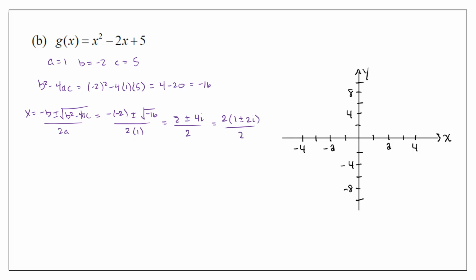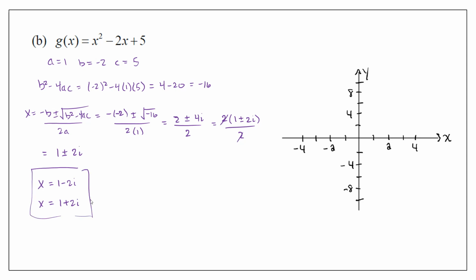And then I will cancel out the 2's, which leaves me with 1 plus or minus 2i. Okay. All right. So I have x equals 1 minus 2i and x equals 1 plus 2i. Those would be our complex zeros.